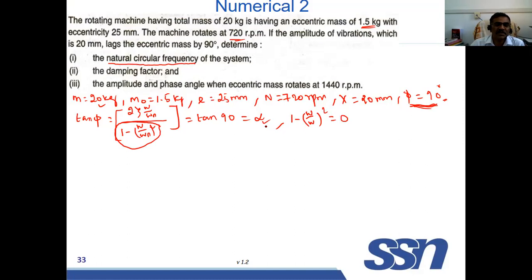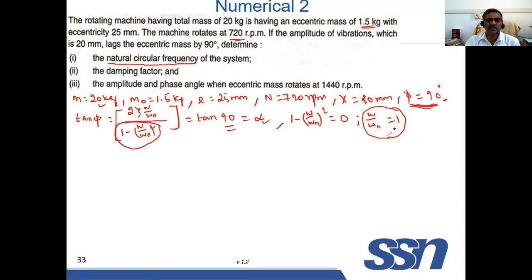Then only this will be infinity. If this is equal to 0, what is the meaning? 1 minus 1, then omega by omega n is equal to 1. So that is what we can understand from tan 90. That is, phi equal to 90 means omega by omega n is equal to 1. The same relation we have already seen in the form of a graph.